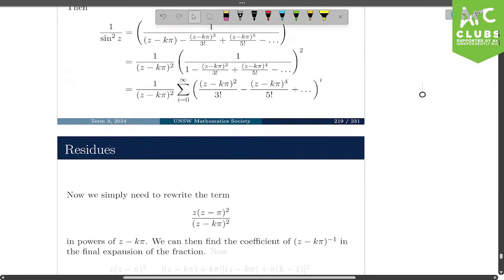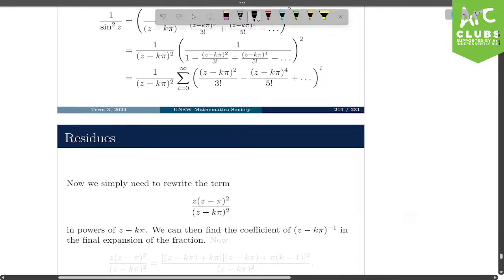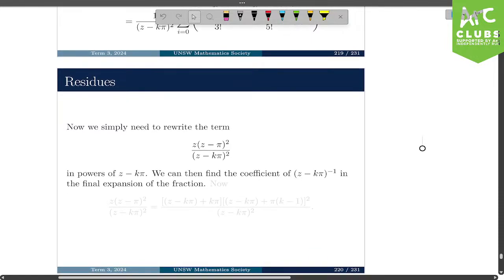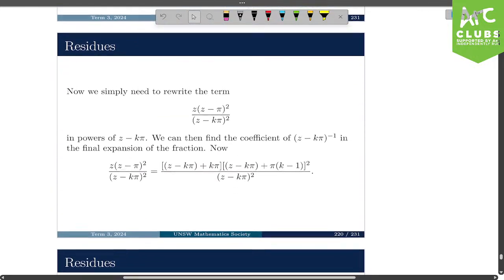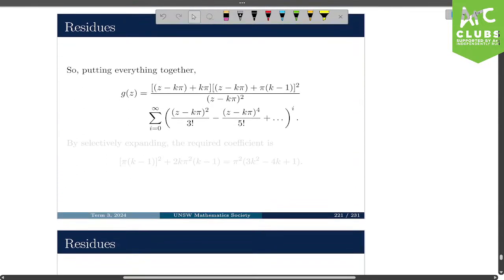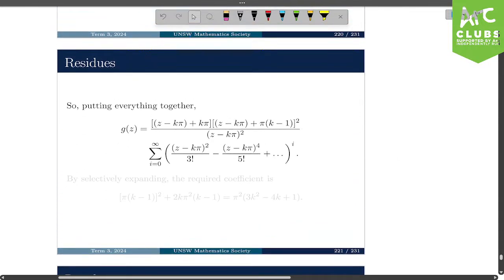All right, so we do this, we plug it in, and we can see the coefficient attached. Okay, so rewriting the function, we obtain this little block of nonsense. By pushing it into partial fractions, by pushing it into its Taylor series, we can expand it into different coefficient values.